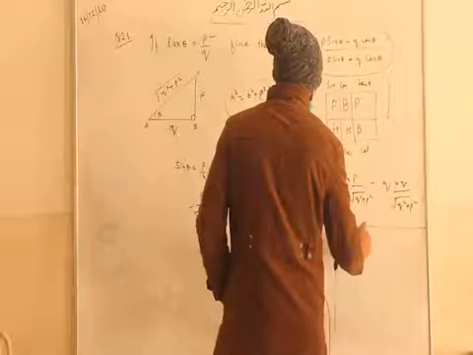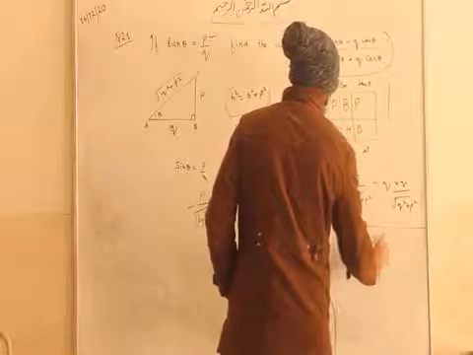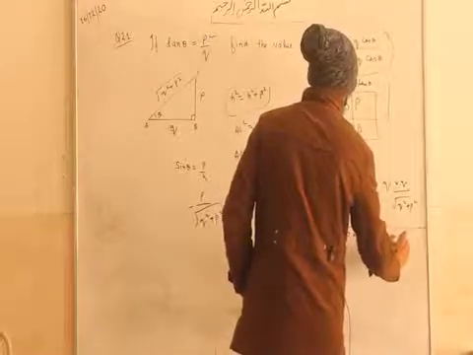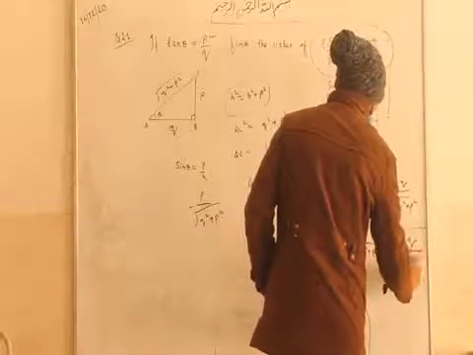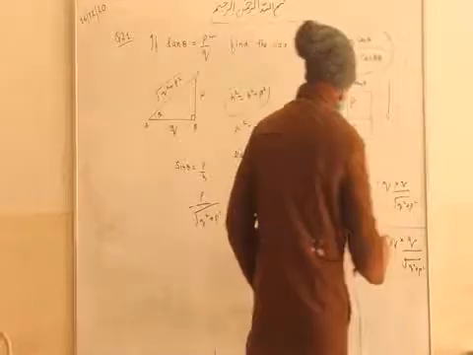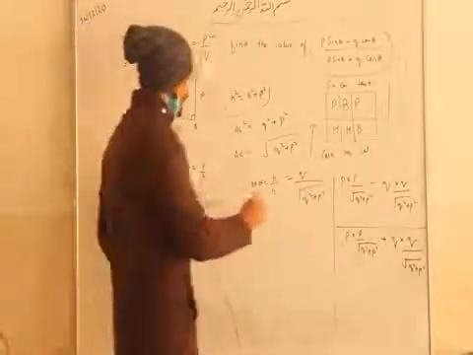So P into P upon under root Q square plus P square, plus Q into Q upon under root Q square plus P square. Okay, so we have only put the values according to the question. Now we will solve this.